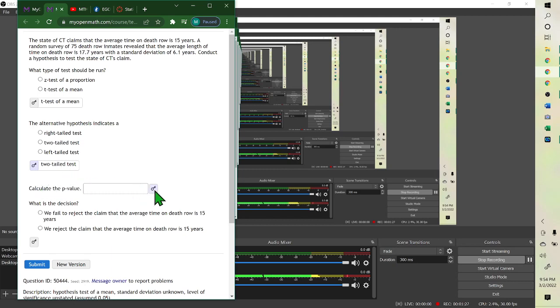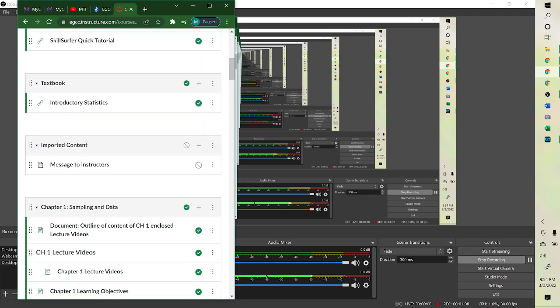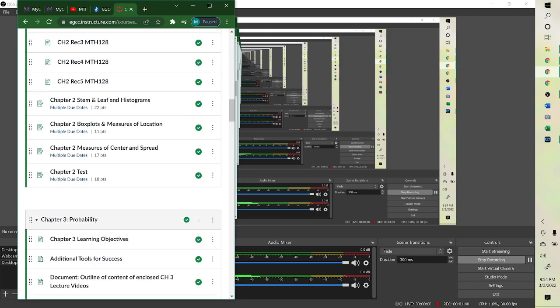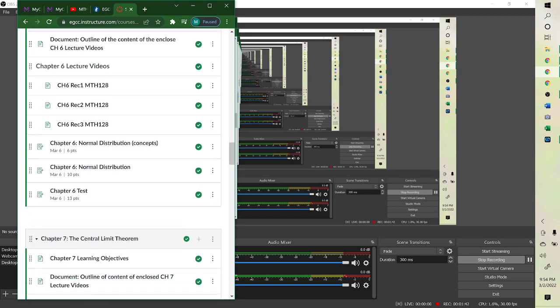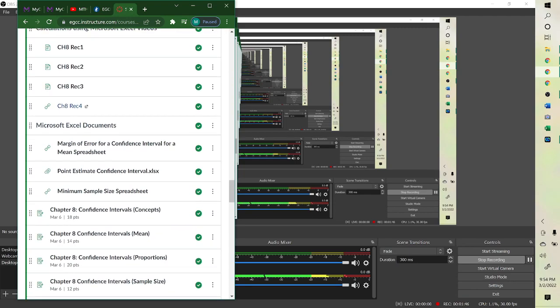To calculate the p-value, you go onto Canvas. And you go down to Chapter 9. Chapter 8 has the Excel spreadsheets: confidence interval for a mean, confidence interval for a proportion, and then sample size.